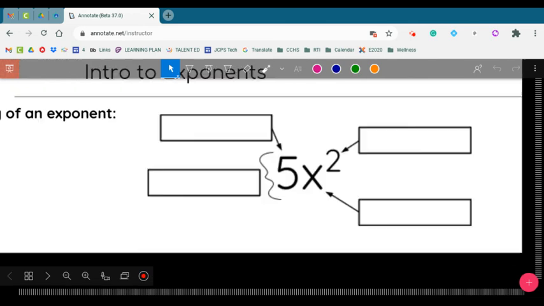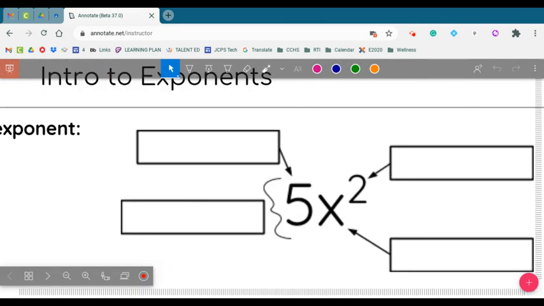So first of all, if we were looking at a term with an exponent, this whole entire thing is called a term. The 5 is called a coefficient because it is the number in front of the variable.